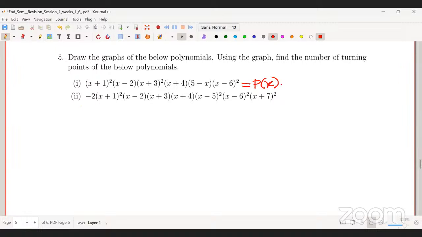So this is 2, 3, 5, 6, 7, 9. Sir, and we have to take minus outside, I think. Yeah, I'll come to that. You are correct in some sense.